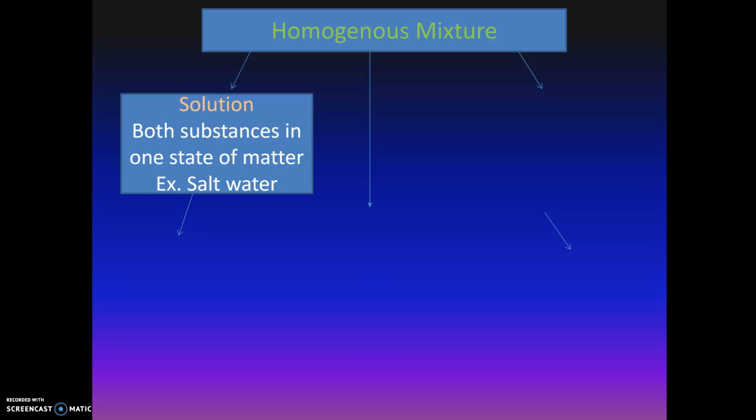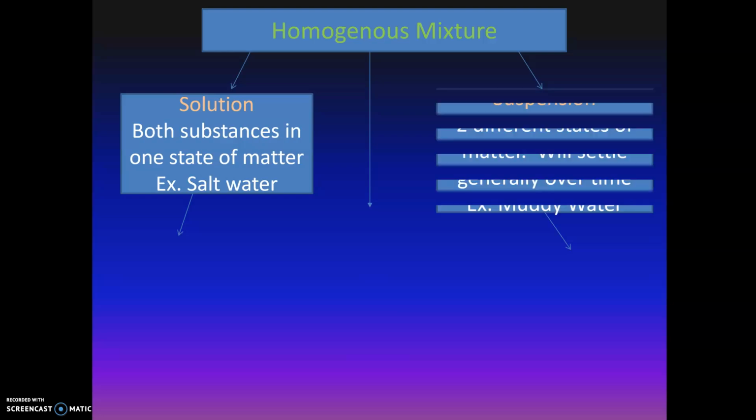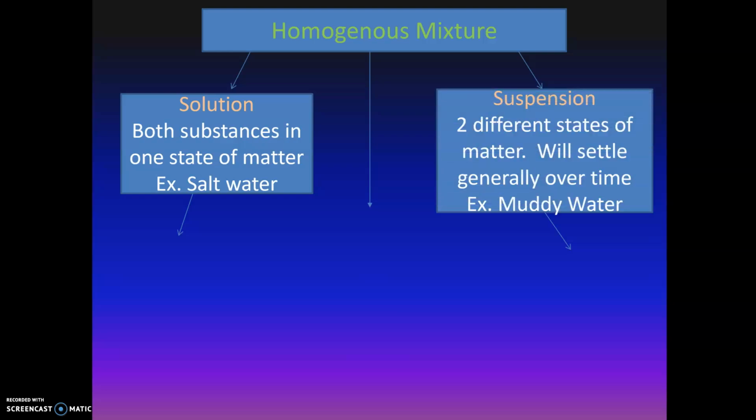So salt water, when you put that salt in the water, it dissolves, it becomes part of the water. A suspension has 2 different states of matter. Still, when you're looking at it, it looks like one thing, but over time it will settle. So for example, muddy water, you have all these particles and it just looks like a black or gray liquid, but if you give it time, they start to settle.